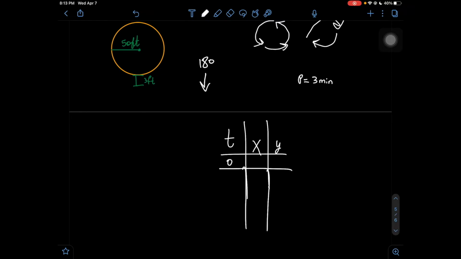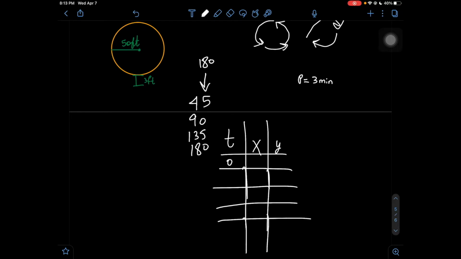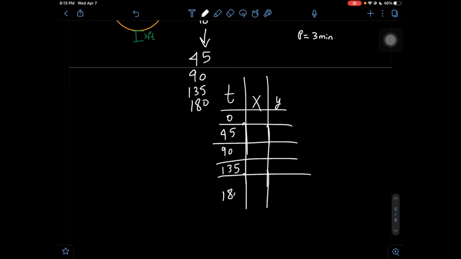So 180 divided by 4 is 45, so we'll have our first real point after 0 at 45, then 90, then 135, and then finally back at 180. Let's go ahead and label the rows in our table: 0, then 45, 90, 135, and then finally 180.